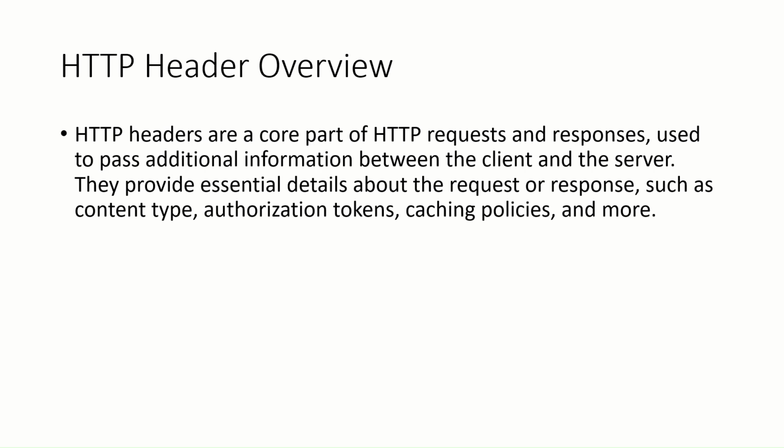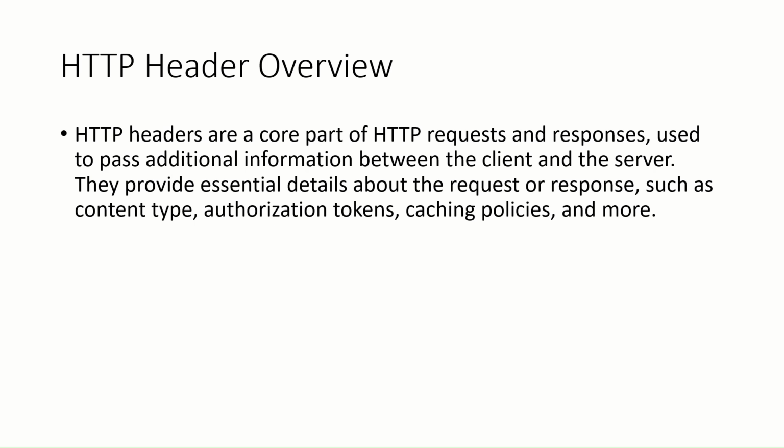Let me give you one example. Let's say you have a front-end application, and the front-end application is sending something in the request header. At the backend, you can receive it, and according to that request header, you are going to work.